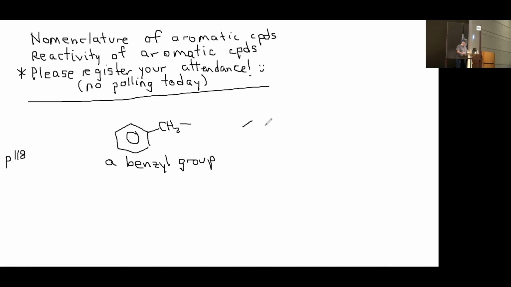So for example, and just to emphasize, it doesn't have to go on the top right carbon. If you had this compound, CH2Br, that compound would be called benzyl bromide. Did it again, forgetting my Z. Benzyl bromide, and it's a shame.